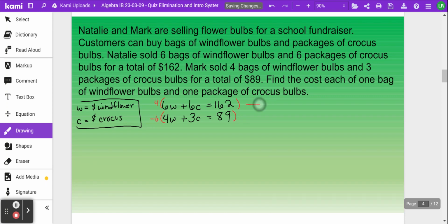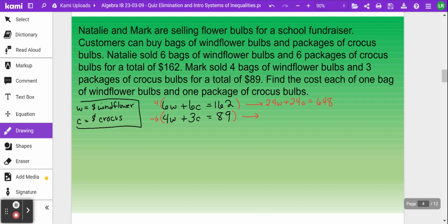I need to do some multiplying. So 4 times 6W is 24W, and 24C, and 162 times 4 is 648.